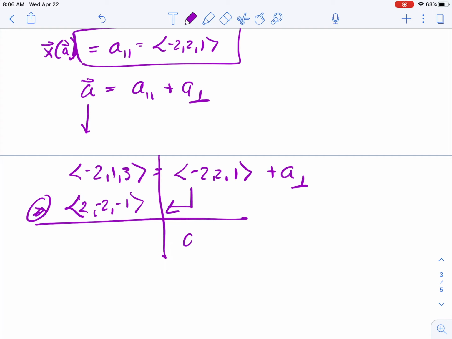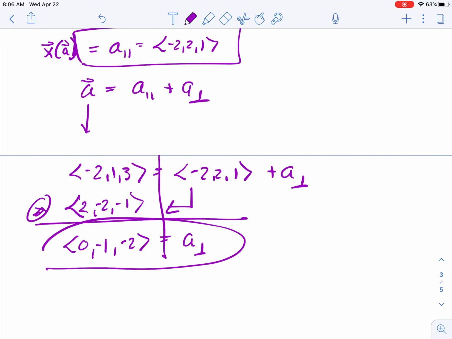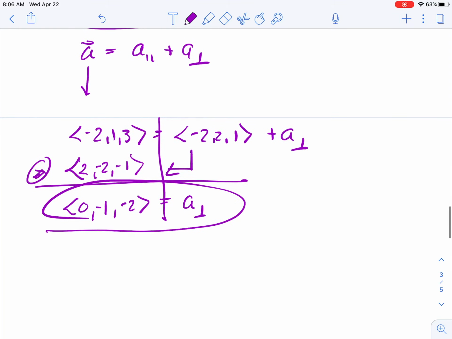I already multiplied by the negative, by the way. So A perpendicular, that would give me 0, negative 1, negative 2. Okay, so what did I just find? Well, I found my y component of A, which is referred to on B.